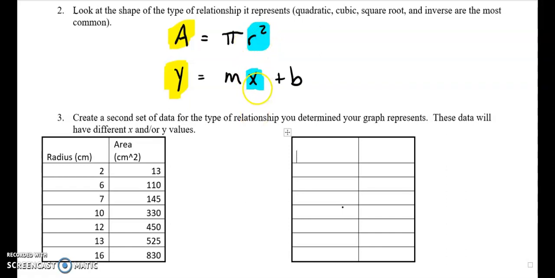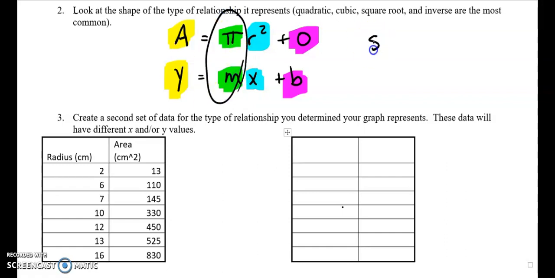And I think of radius squared as x. And then, if we look at this, b in this case looks like it's just plus 0. So let's highlight that. So b is 0 in this case. So then that leaves us the pi value, which is going to be m, or the slope. So the slope in this case will likely be pi.